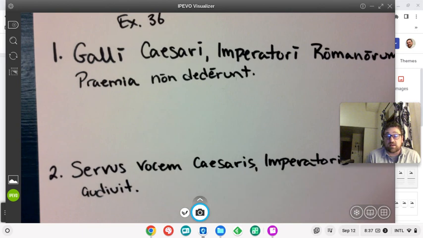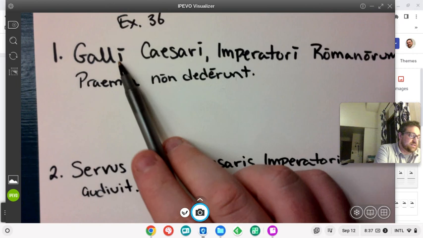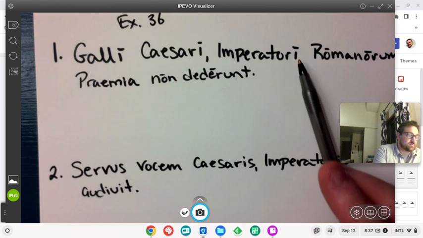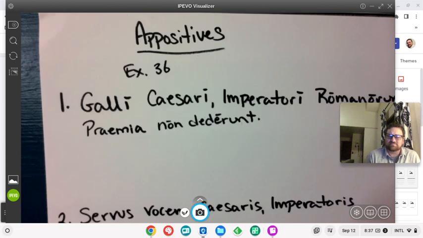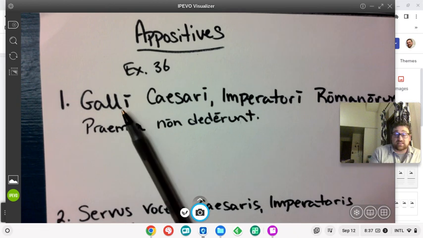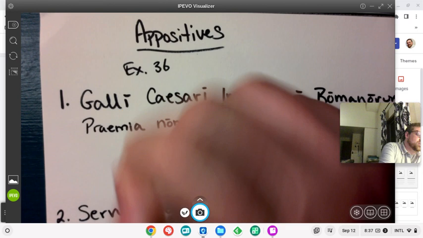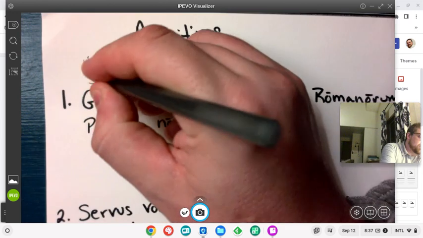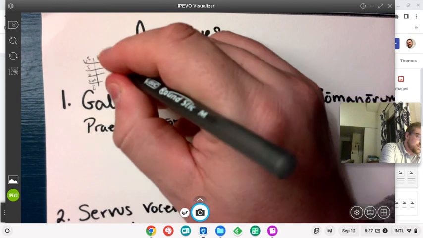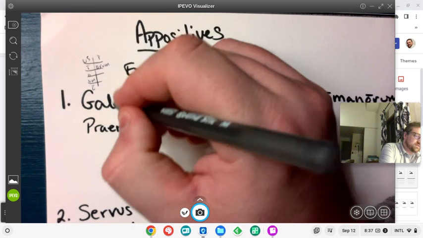So we have Galli, Caesari. Galli looks like it could be in the nominative. Caesari has the same ending. Is this the nominative? No. Galli, Gallus, Galli, is a second declension word, which goes us, e, o, e, is, os, is.